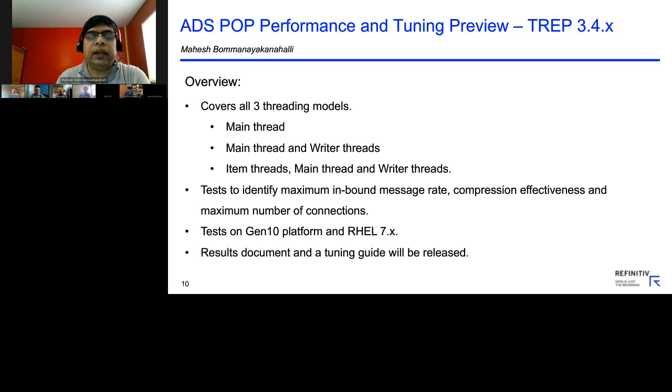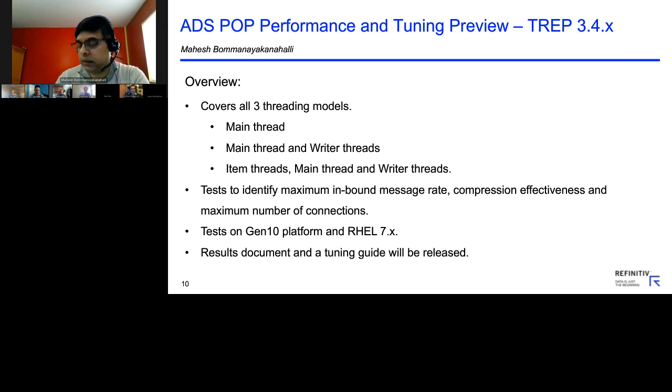And then we added writer threads about 10 years ago. So the main thread still does the upstream communication and the caching of the data, the client communication, the conversion to WebSockets, the compression, all those features happen in the writer threads. That's the second model.